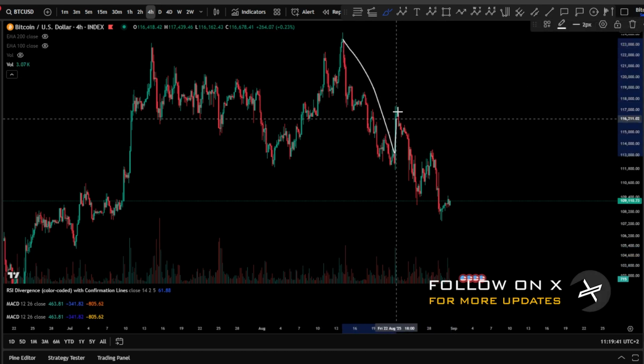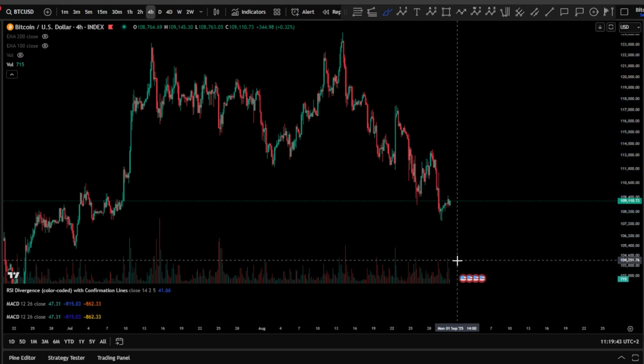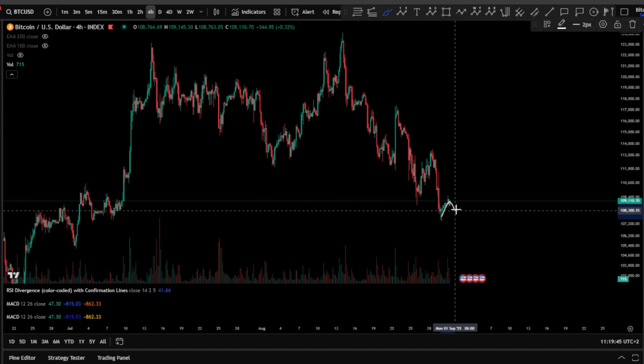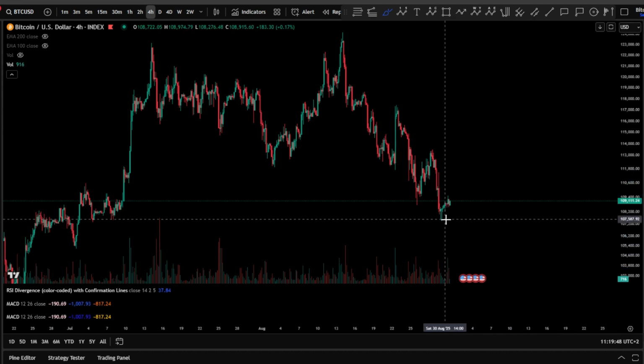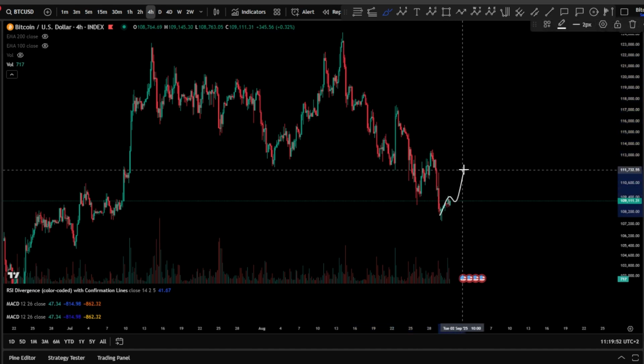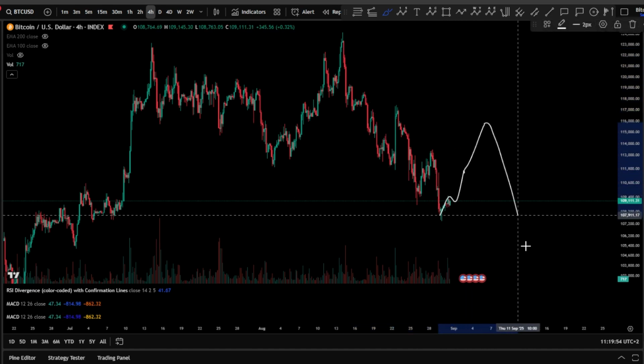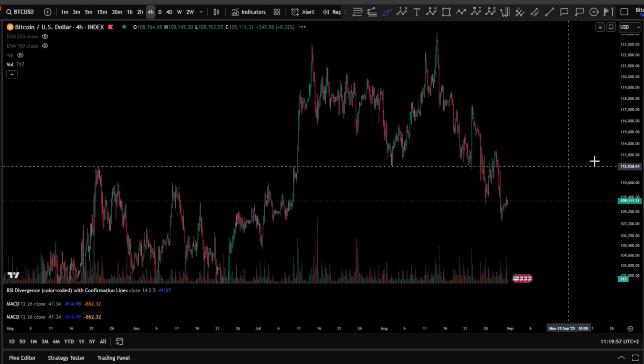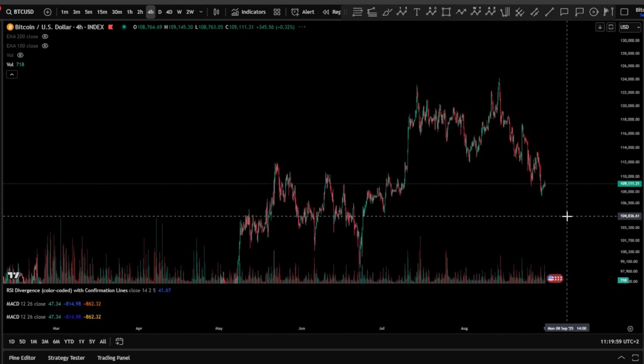That means this is a leading diagonal unfolding with the volume for the green here. We see a little bit higher. I'm expecting, therefore, definitely, whether we are in an ABC smaller wave 2 or a bigger wave 2, that we then drop very massively towards the downside for Bitcoin.